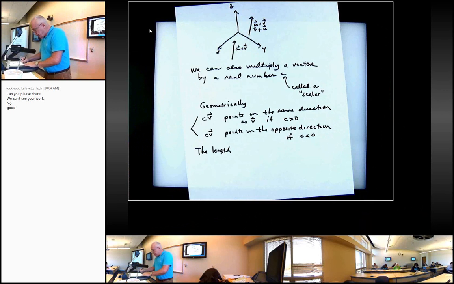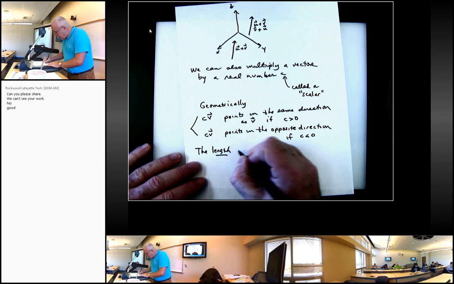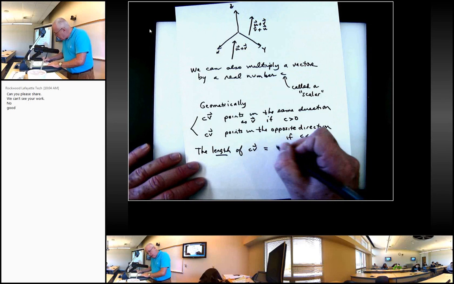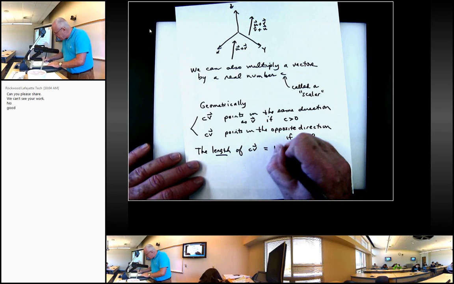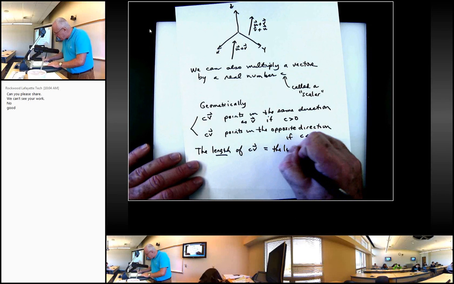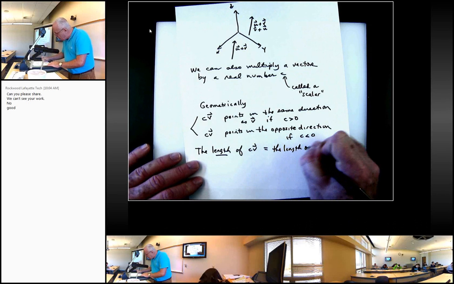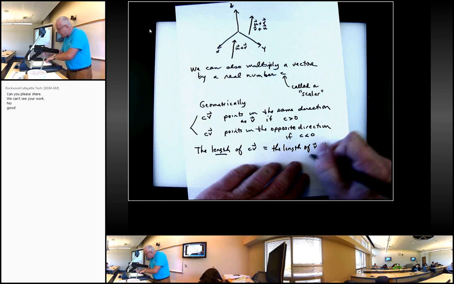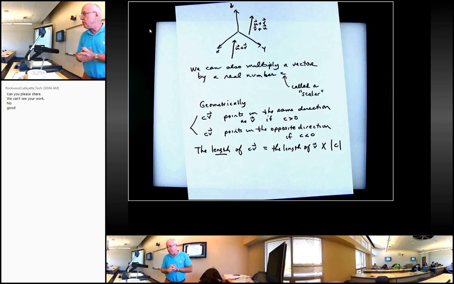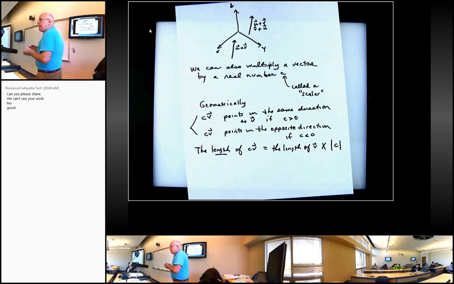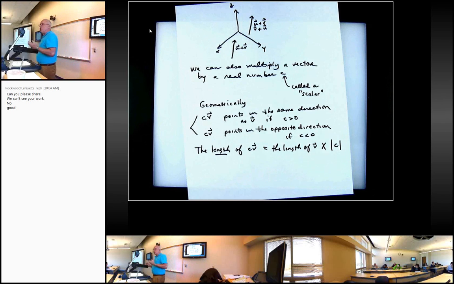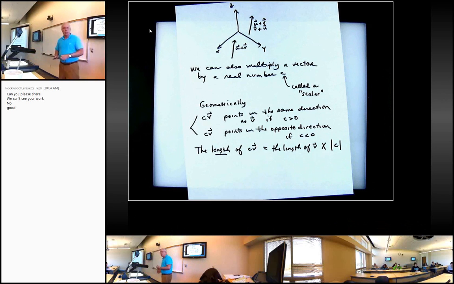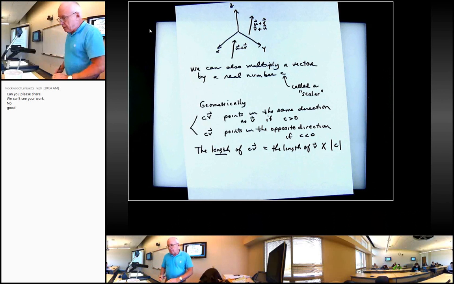The length of cv equals the length of our original vector times the absolute value of c. Because we don't think of negative length. We always think of length as being a positive number.